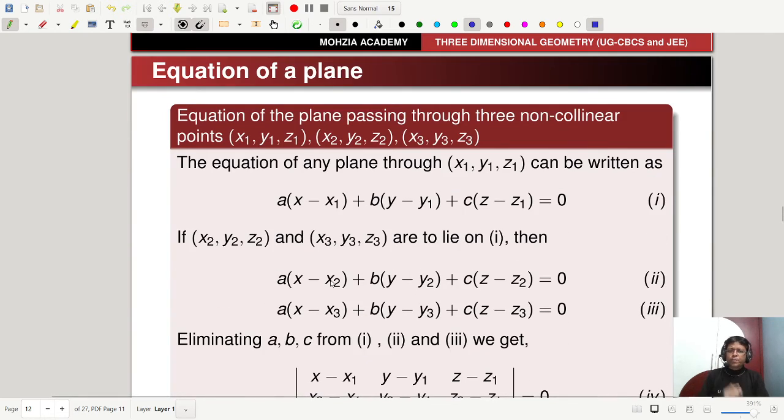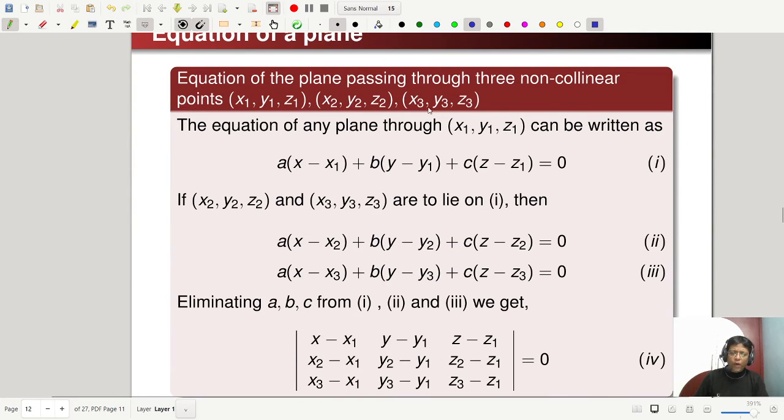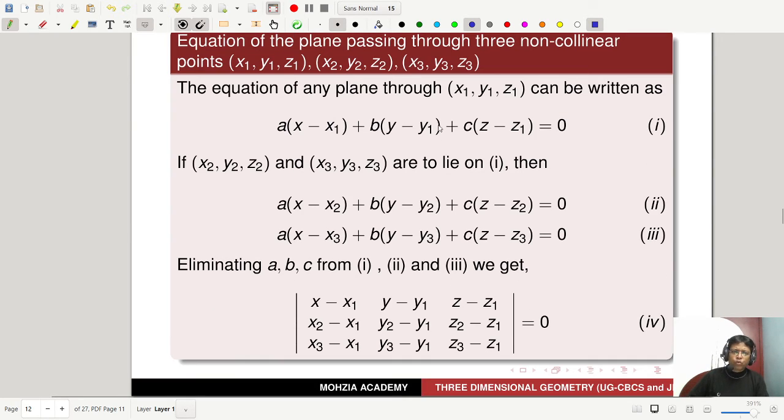Now let me talk about how to find the equation of a plane passing through 3 points. If the 3 points are (x1, y1, z1), (x2, y2, z2), and (x3, y3, z3), then how do we find the equation of the plane? The equation of any plane through (x1, y1, z1) can be written as a(x minus x1) plus b(y minus y1) plus c(z minus z1) equals 0.